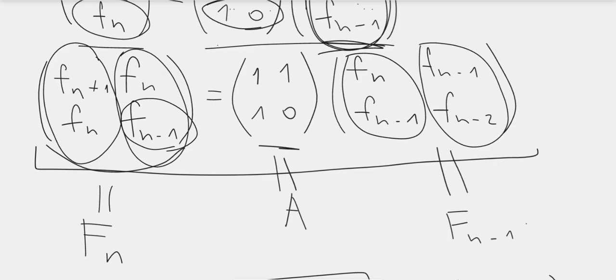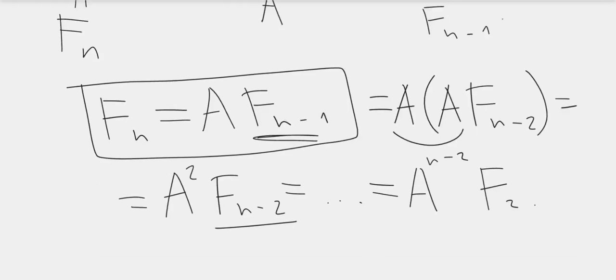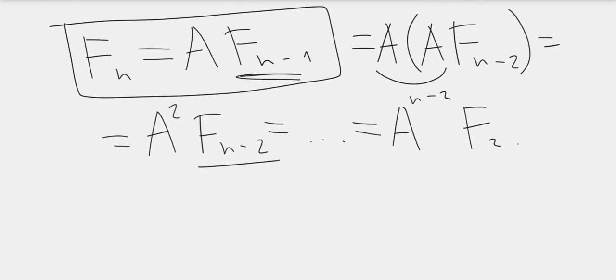It's possible to define F0 as 0, but that's not the way we defined it. So we are going to use the smallest index F1, so the smallest index for the matrices is F2.